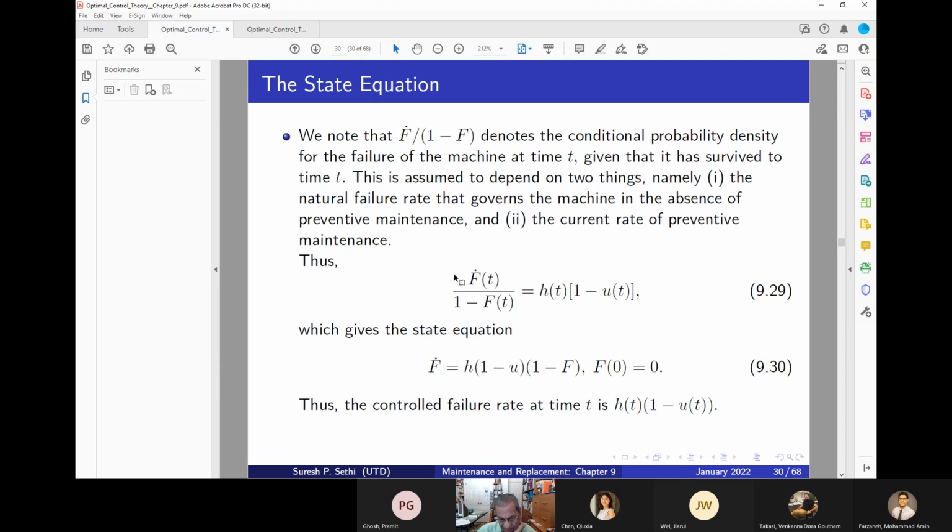Now notice, I can put 1 minus F on this side and call F dot a state variable. It's like x dot, and this is control u. This is again x. So it is a state equation. As far as control theory is concerned, it doesn't care what it is; it is just a state equation, a differential equation.